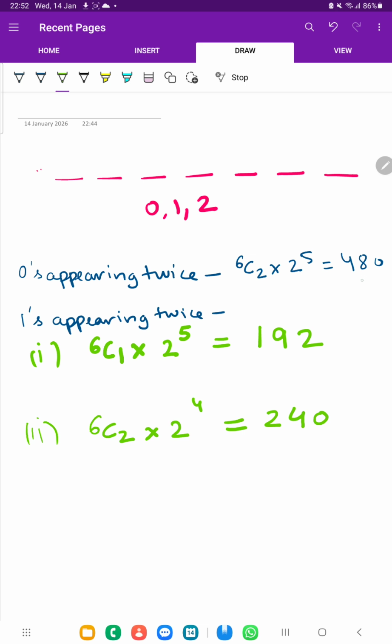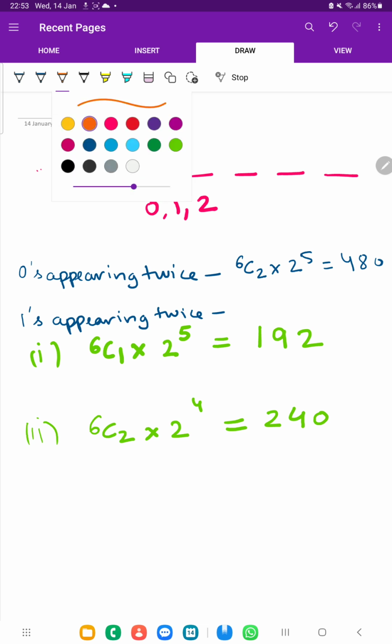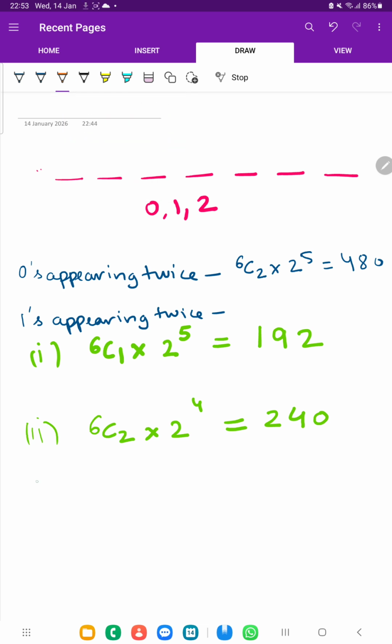We cannot directly add these and get the answer, because in these numbers we have also calculated those in which there are two zeros and two ones, and in these numbers as well. So we need to deduct those numbers in which there are exactly two zeros and exactly two ones.